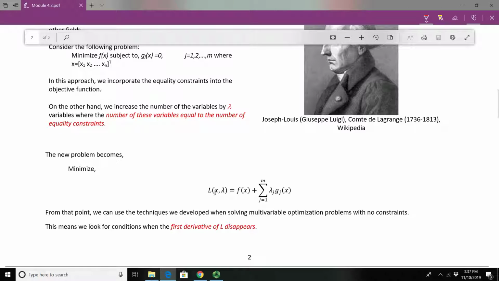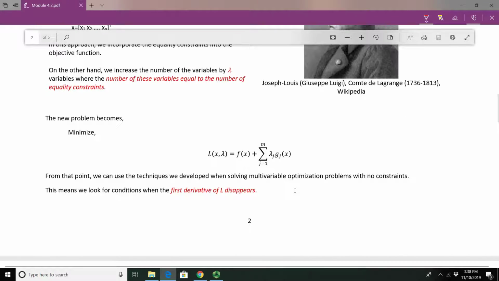So I increased my variables by, assume that you have 3 equality constraints, so you have 3 more variables. And I didn't want to call them x to avoid messing things up. L is f(x), my original function, plus the sum over j equal 1 to m of lambda_j g_j(x). And we can see how we will use this.